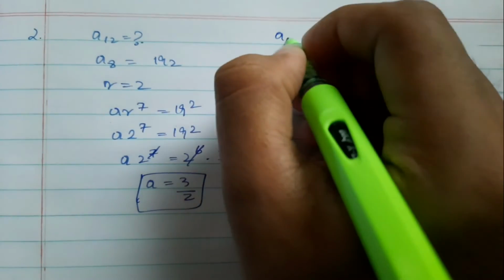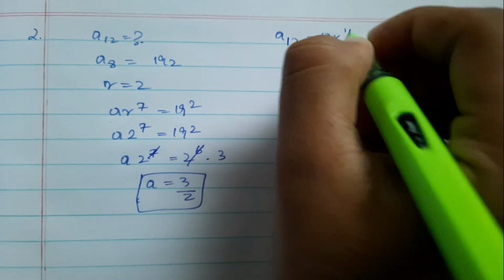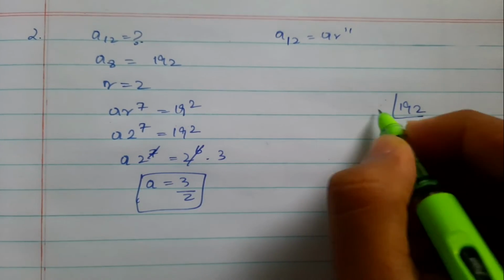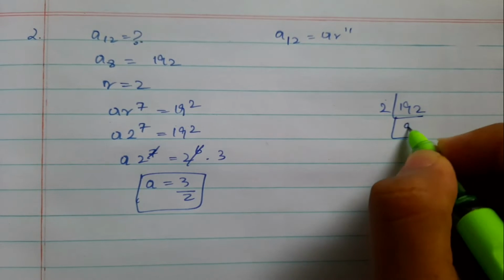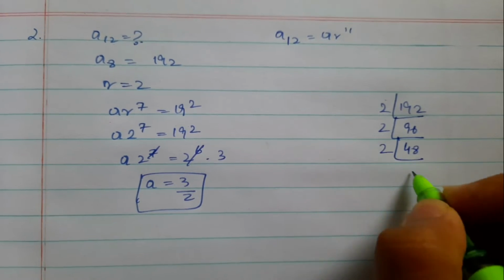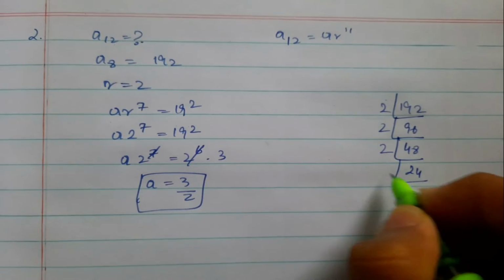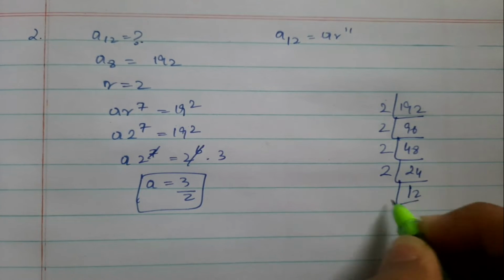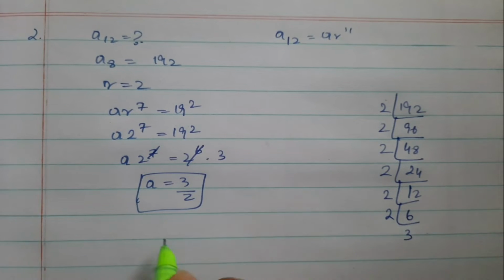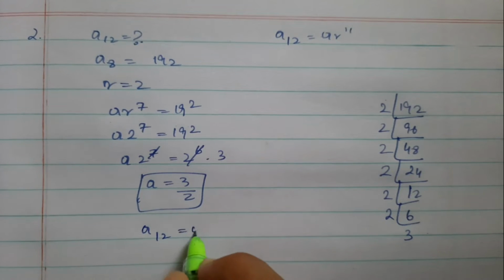A into 2 power 7 equal to 2 power 6 into 3. So A equal to 3 by 2. First term A is 3 by 2. Now we are finding, common ratio also given R equal to 2. So 192 divided by 2, how many times will it come? So 2 power 6.